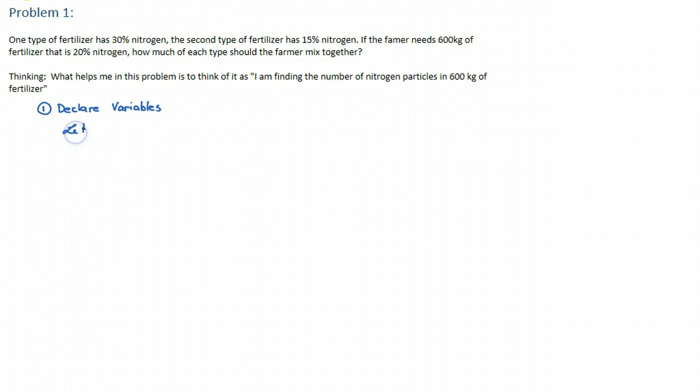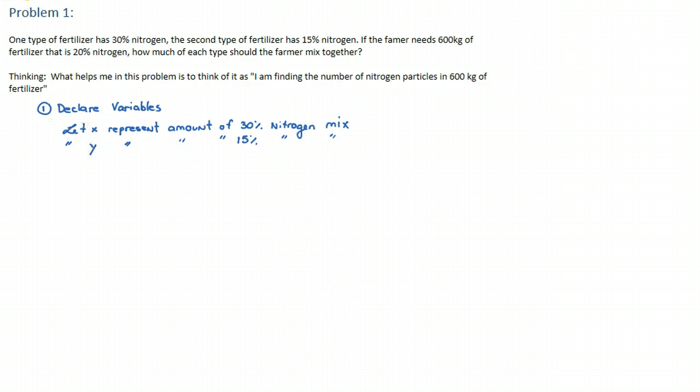So we're going to say let x represent amount of 30% nitrogen mix, and we're going to say let y represent amount of 15% nitrogen mix. So there's my let statement.